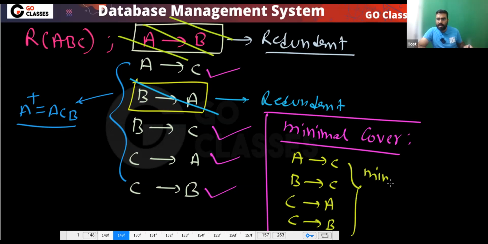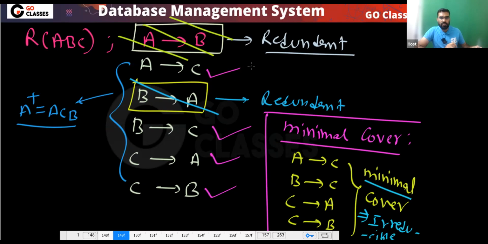Remember, this is an irreducible set. You cannot reduce it further. Minimal does not mean the minimum number of FDs. This is irreducible.